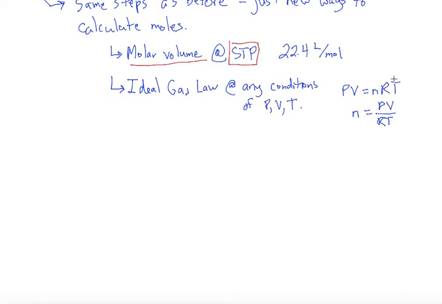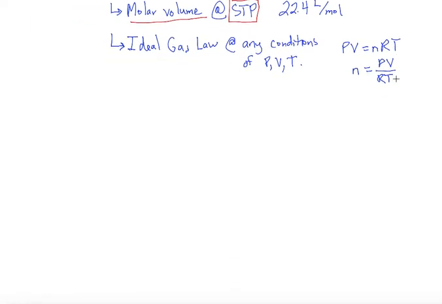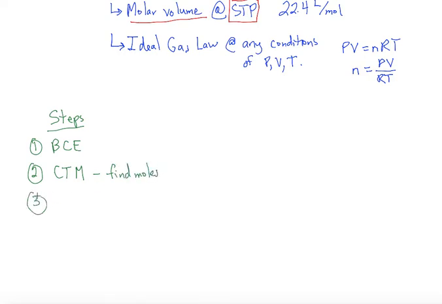Now, if you're going to do stoichiometry, remember what our steps were from our previous work. We had essentially 4 steps. The first step was a balanced chemical equation. Doesn't matter what you're working with, any stoichiometry problem should start with a balanced chemical equation. The second step, we called it CTM, convert to moles, so you find moles on that step. The third step was your mole ratio, super important because that's how you relate one chemical quantity to another.